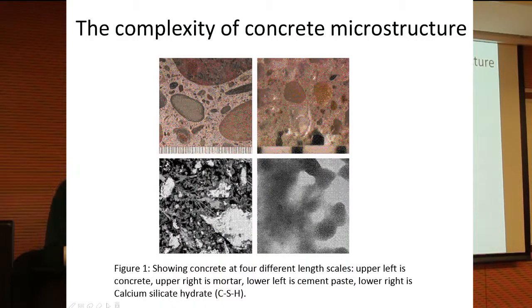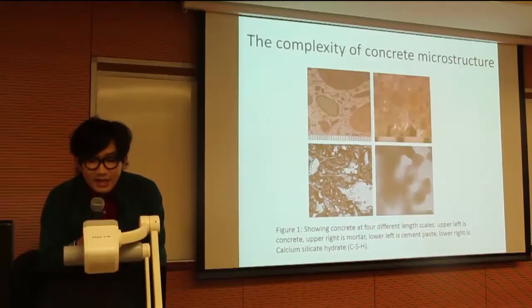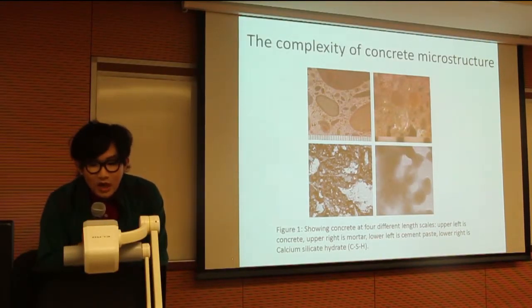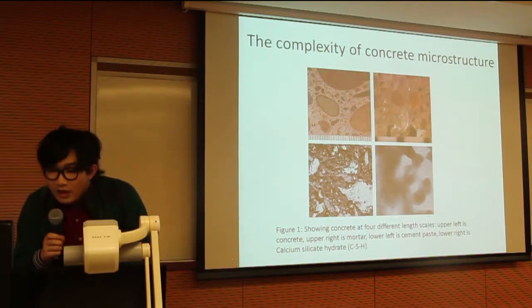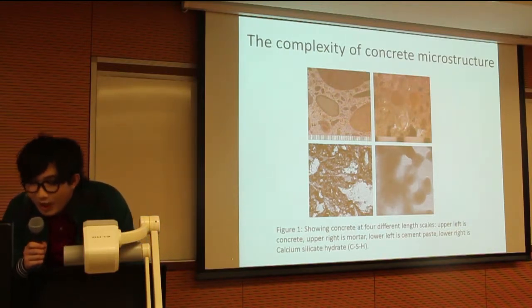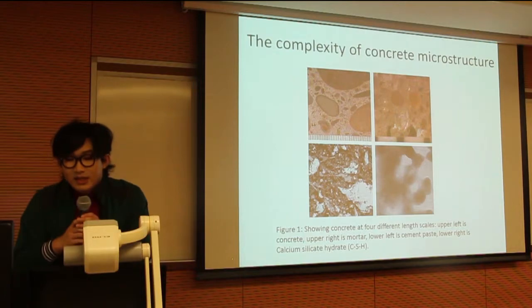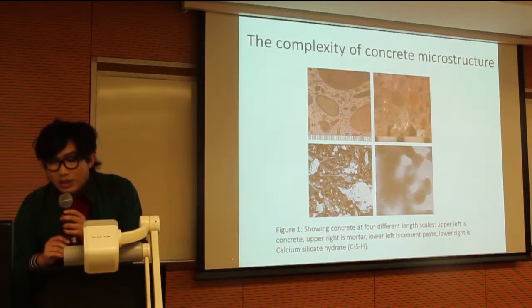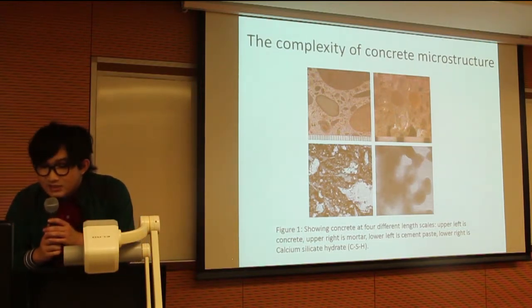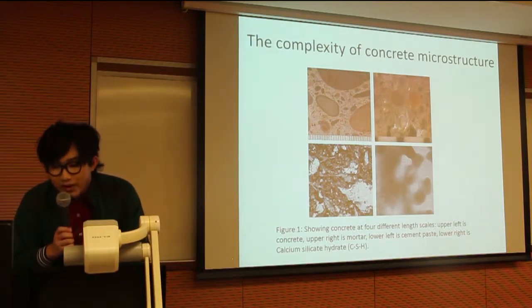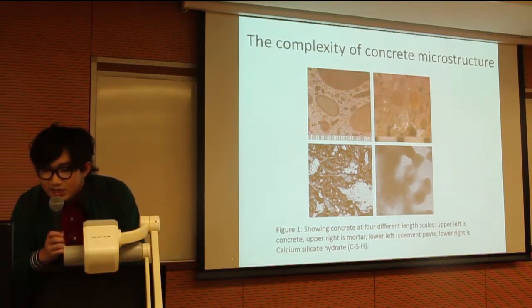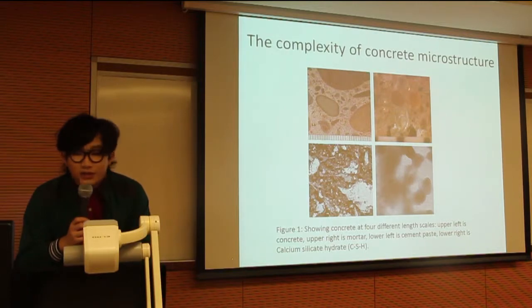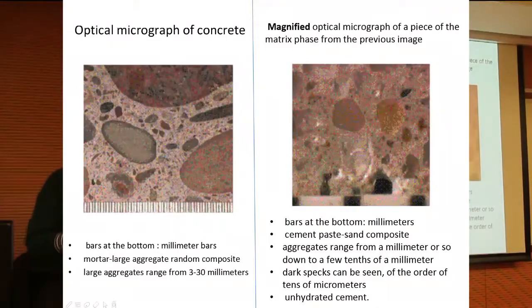So this figure shows four microscopic views of concrete, displaying the length scales of the material itself. The upper left is concrete, the upper right is mortar, the lower left is cement paste, and the lower right is calcium silicate hydrate, usually known as CSH.